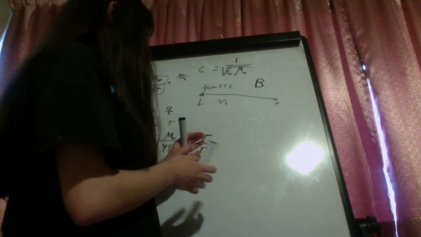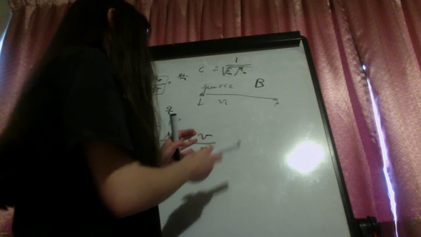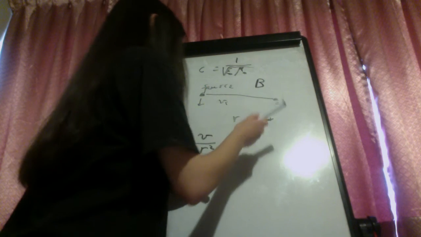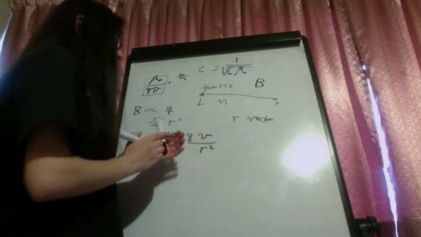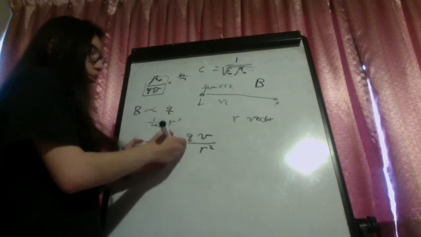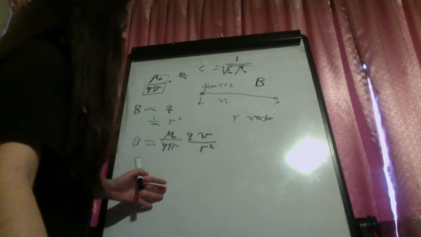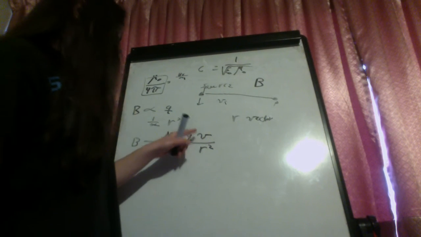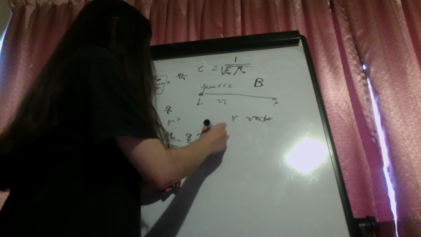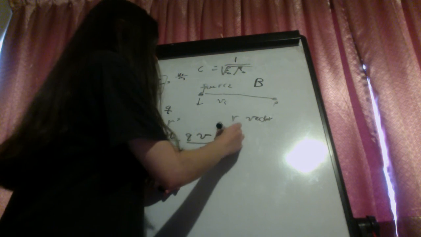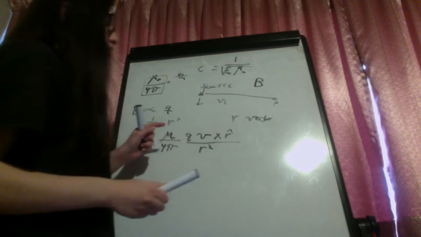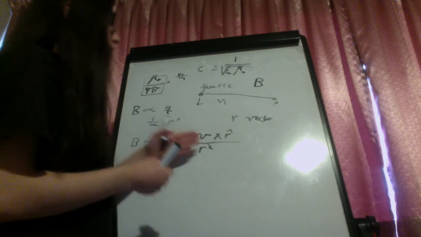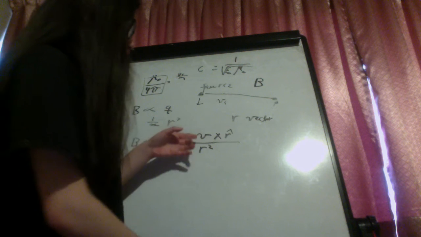Now, because we are talking about a perpendicular, we are going to introduce something called the r vector. I cannot just multiply q times v, I actually need to take the cross product with the vector r, because if I take the cross product, I will take only the perpendicular component of the velocity.